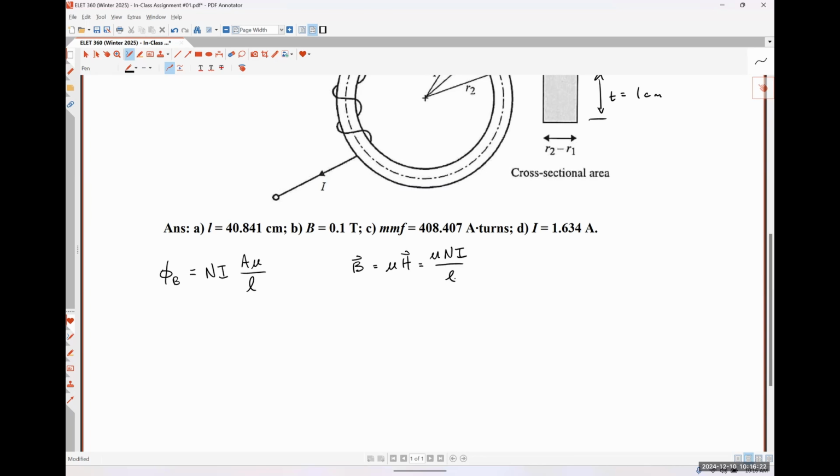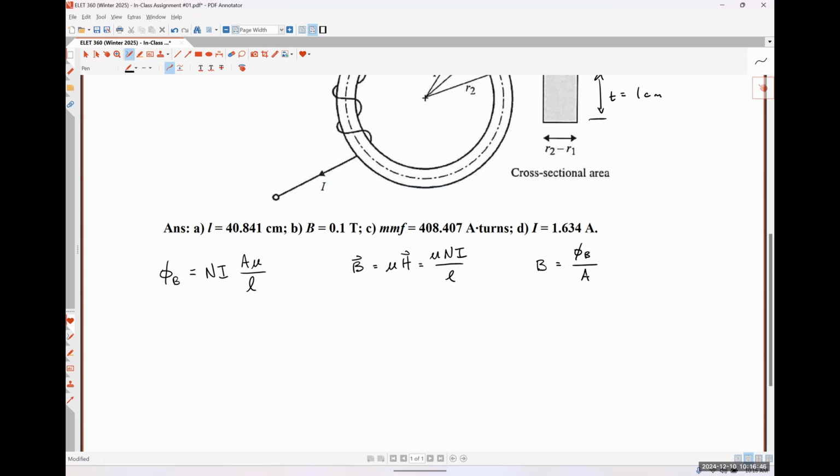Trying to think of what other types of things we might need here. We know that B is just flux over area. And I think that's reasonably good.